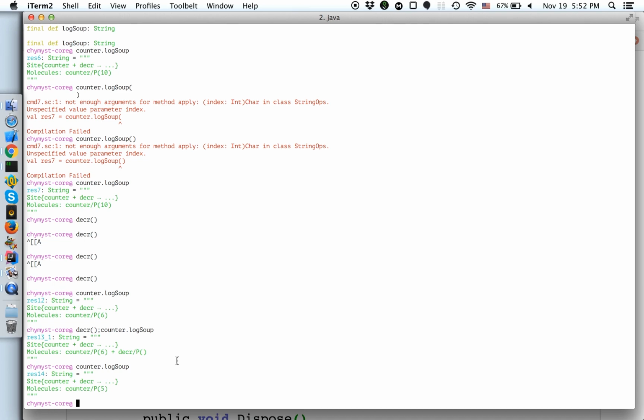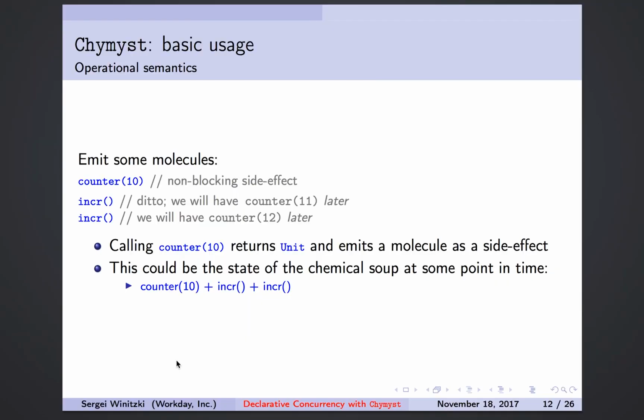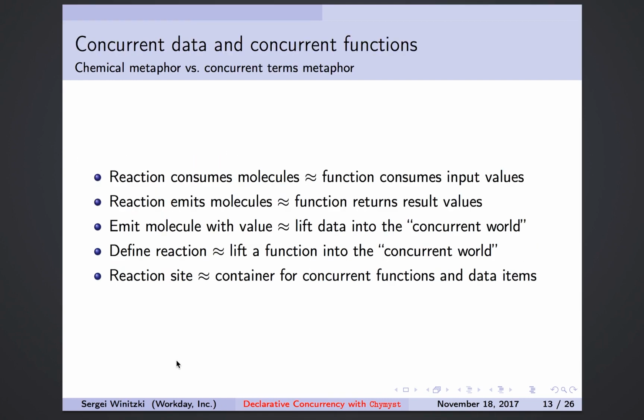that are executed on a background thread concurrently with your code that emits the molecules. So this chemical metaphor is equivalent to the concurrent data, concurrent functions metaphor. When in the chemical metaphor a reaction consumes molecules, that is similar to a concurrent function consuming its input values, which is each of the input values is an item of concurrent data.